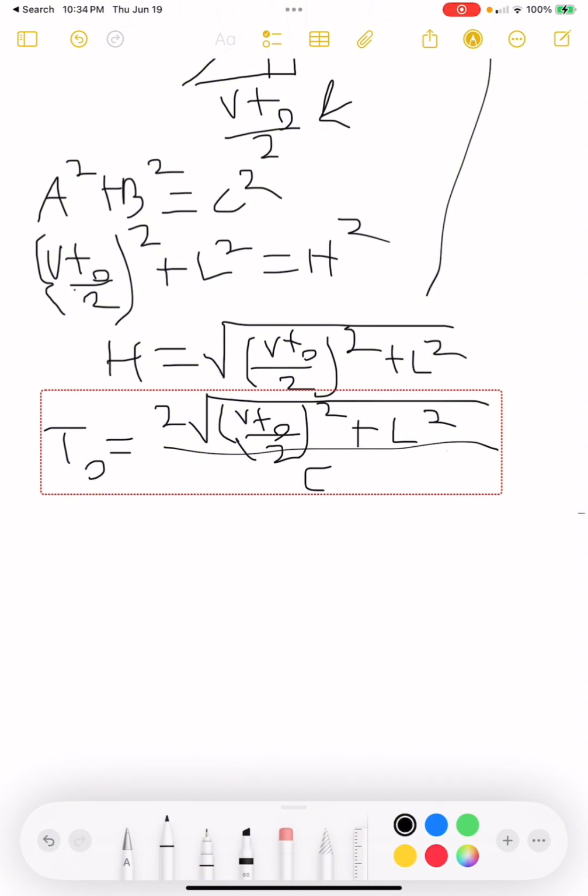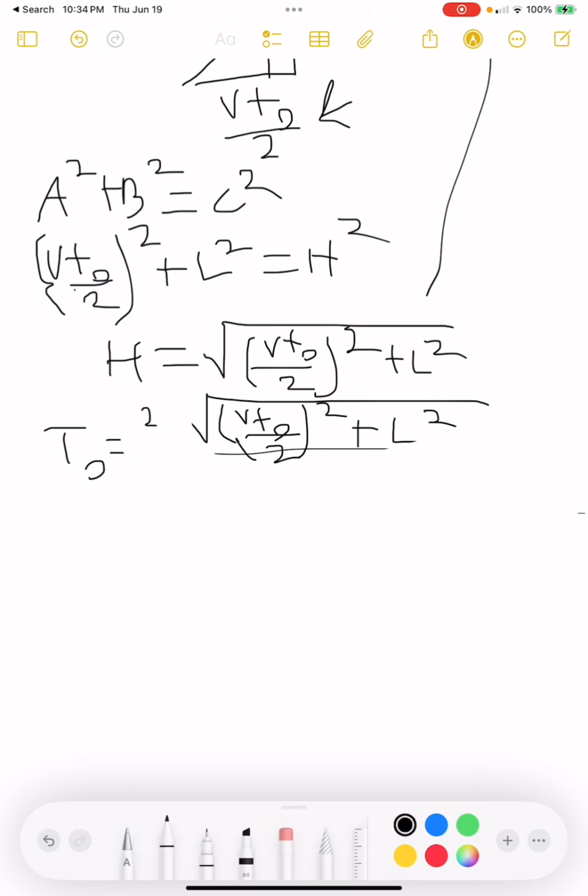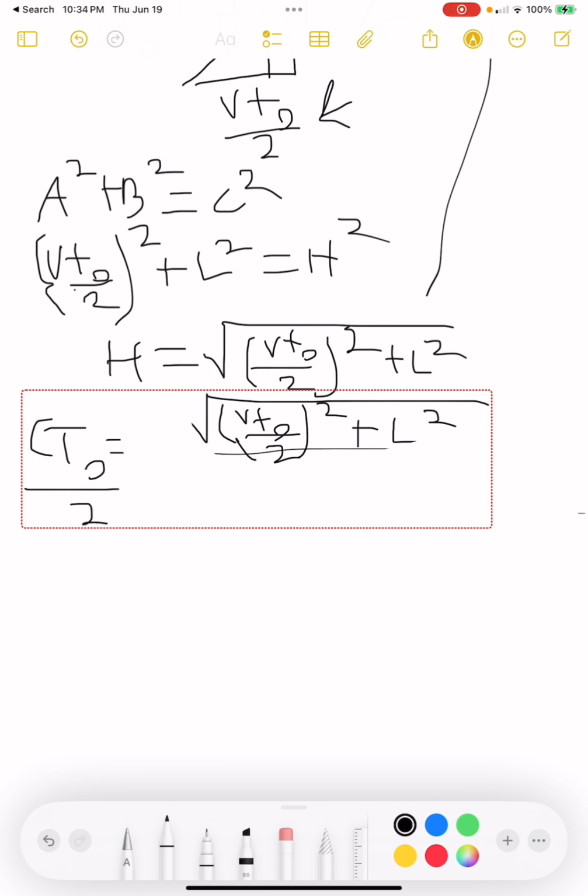This initially is just multiplying by 2 over c, so we can multiply by c over 2 to get this. So c times t of 0 over 2 will be the square root term right here.